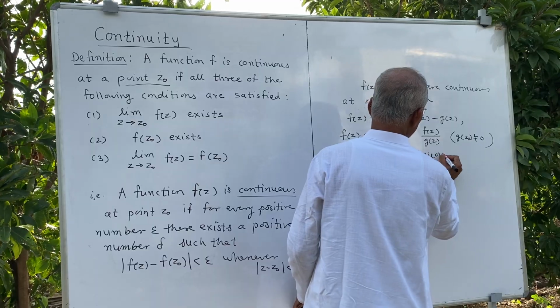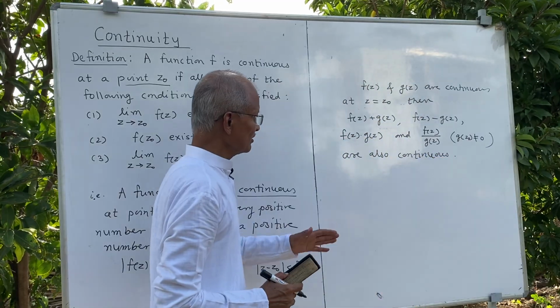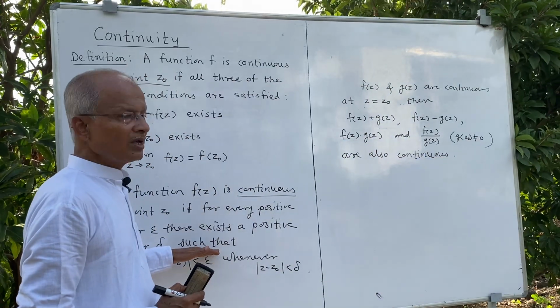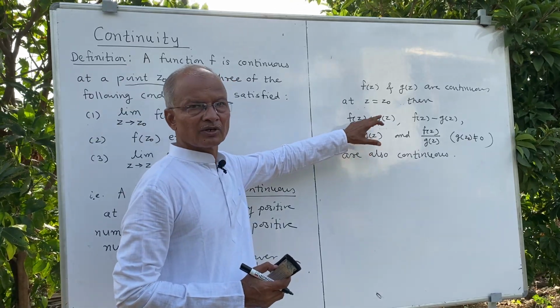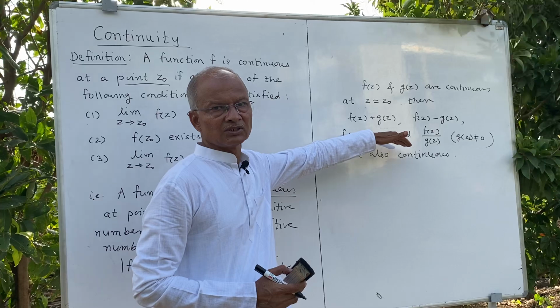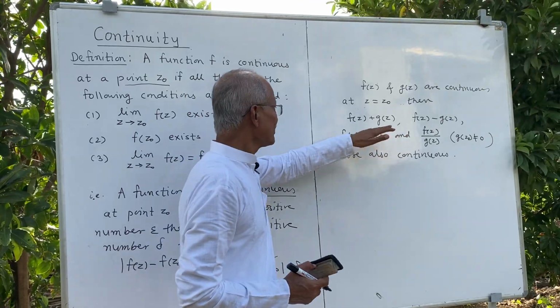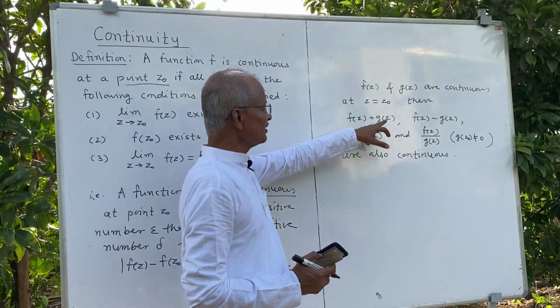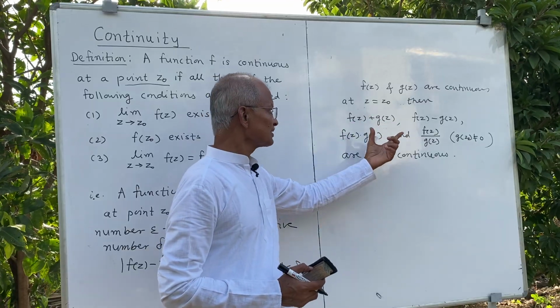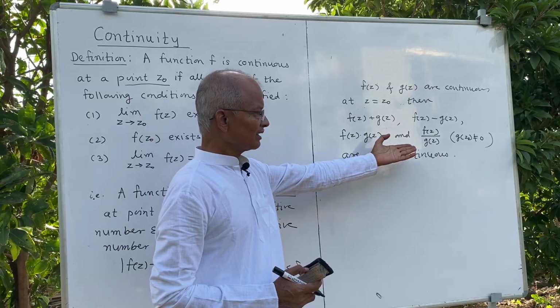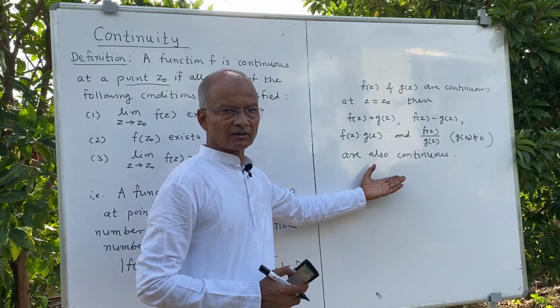This result follows from the earlier result that we have proved: the limit of f of z plus g of z is equal to the limit of f of z plus the limit of g of z. Therefore, if f of z and g of z are continuous, their sum, difference, product and quotient are also continuous.